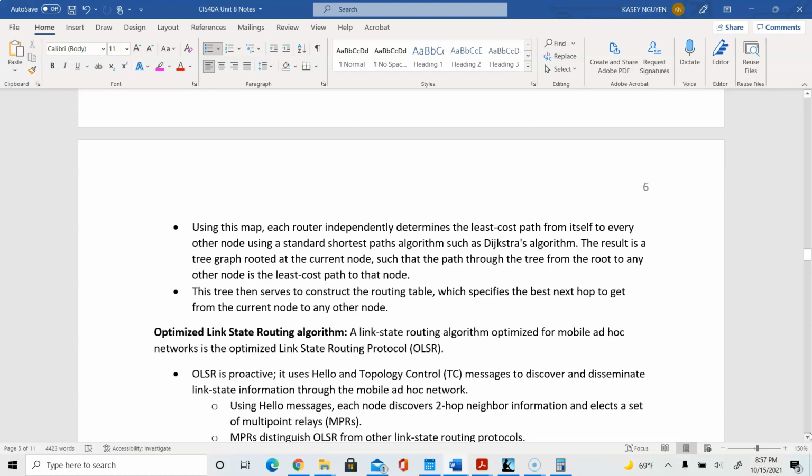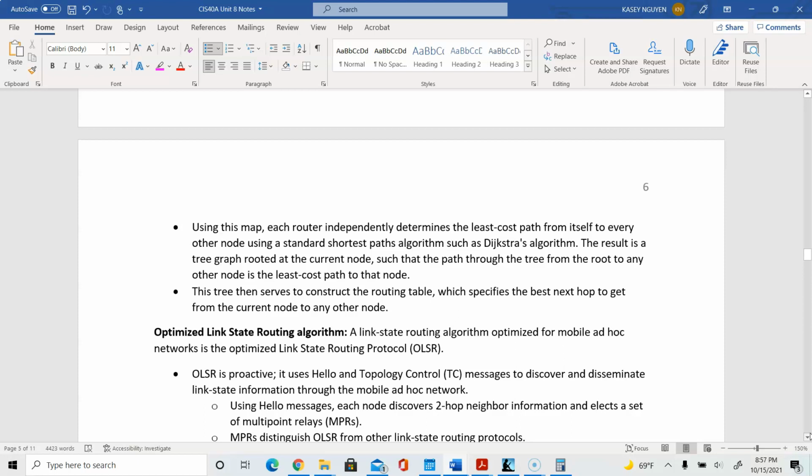So the third type of algorithm is called the optimized link state routing algorithm. This is the OLSR. This is used for a mobile ad hoc network, and it uses what are called the hello and the topology control messages to discover and disseminate link state information.